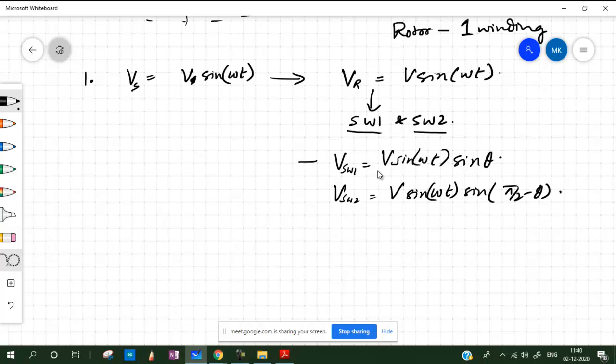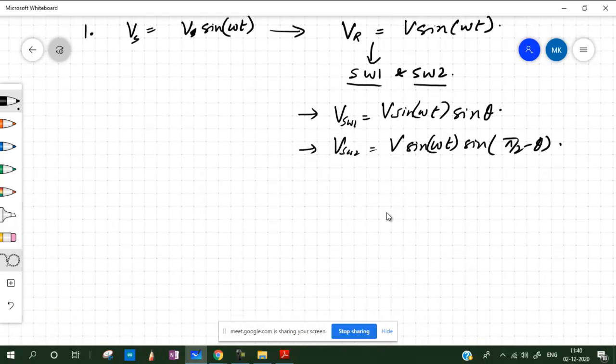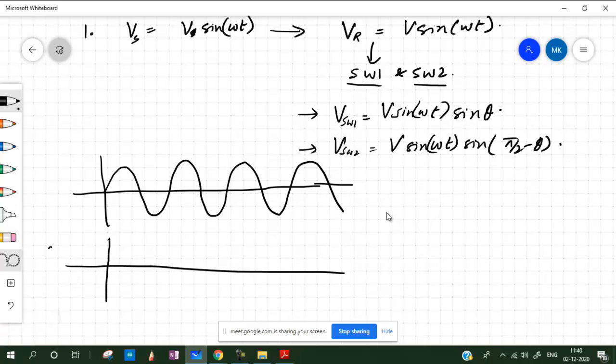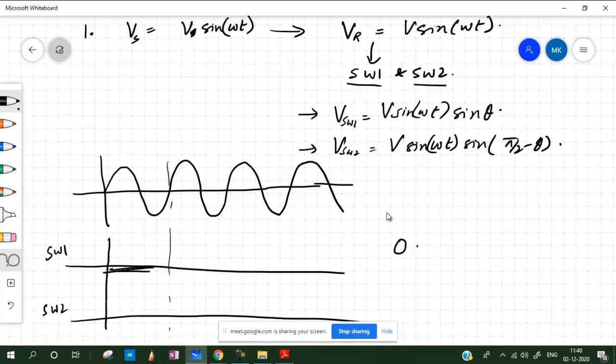So out of the two, because we are using two windings, what we can do is, if this is the reference signal, for example, then we have, let's say, output from SW1 and output from SW2. So output from SW1, let's say at 0 degrees: sine 0 is 0, so we have output to be 0. All right.